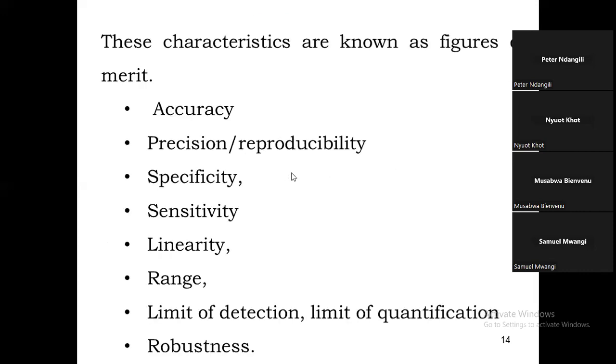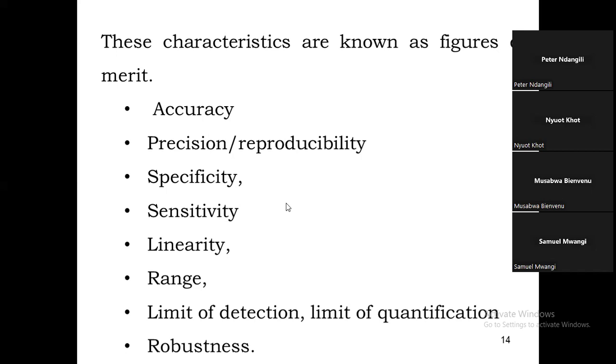Now, the figures of merit. For you to say that your analytical technique is acceptable in the particular analysis, then it must meet these aspects. Number one is accuracy. Remember, we talked about accuracy, that the measurement that you get from that particular method should give you results that are very similar to the true value.